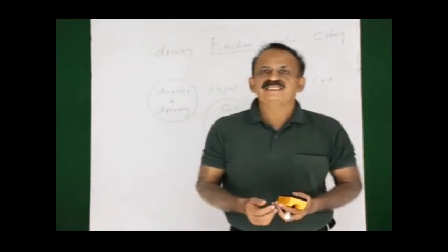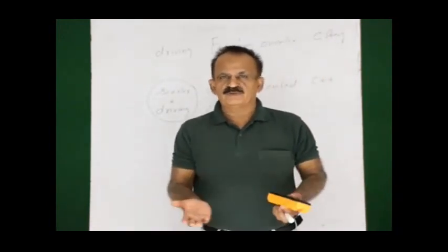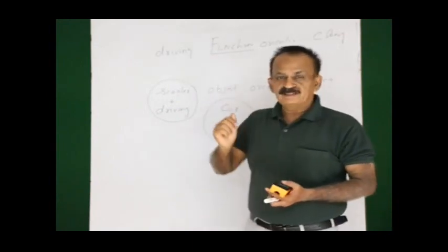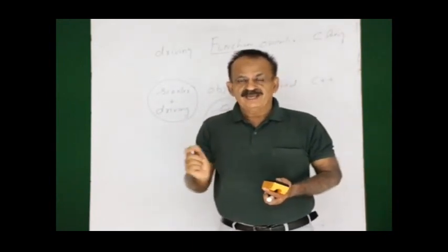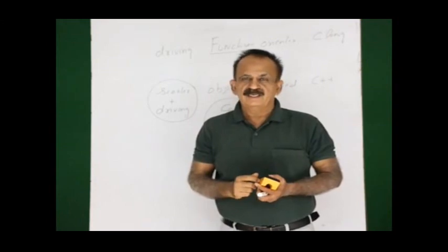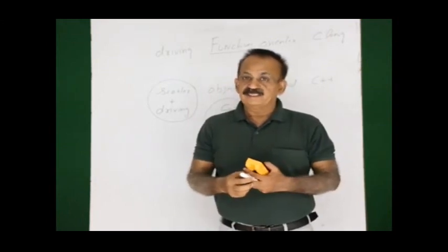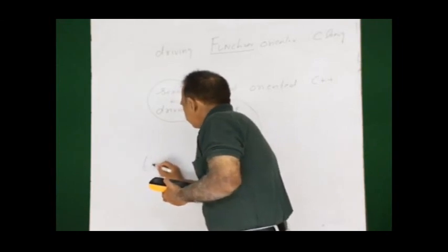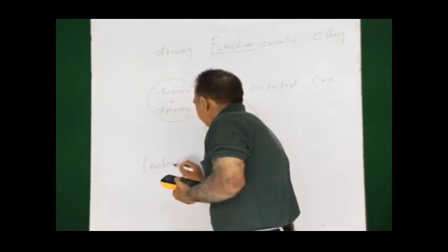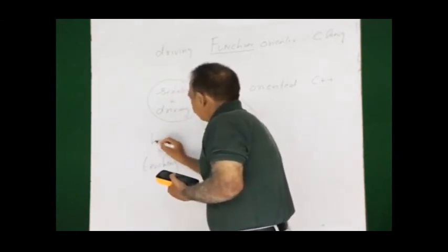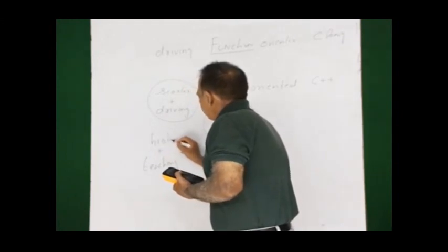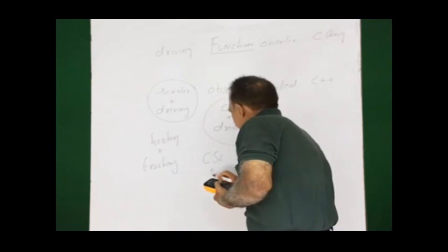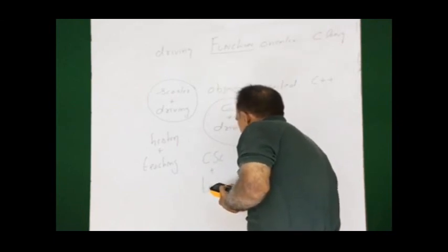I use the word teaching. Teaching is a sequence of steps. It is a function. But teaching of history and teaching of computer science, I hope, are different things. That means teaching, when joined with history, is different from teaching when selected with computer science.